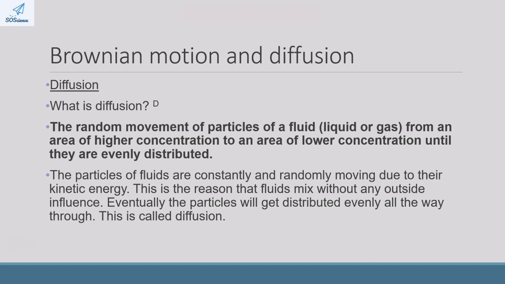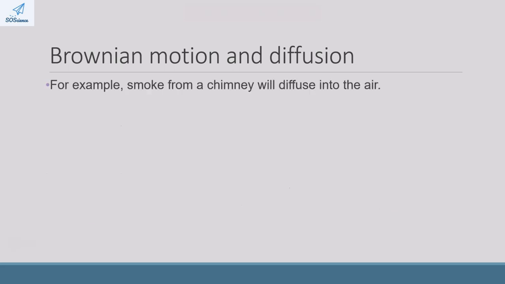Obviously, in liquid form, they slip and slide, and in gas form, they have more freedom of movement. But regardless, this is the reason that fluids mix without any outside influence. So even without any outside influence, all the particles will get distributed evenly through a medium, and this is a process called diffusion. So for example, smoke from a chimney will diffuse into the air.